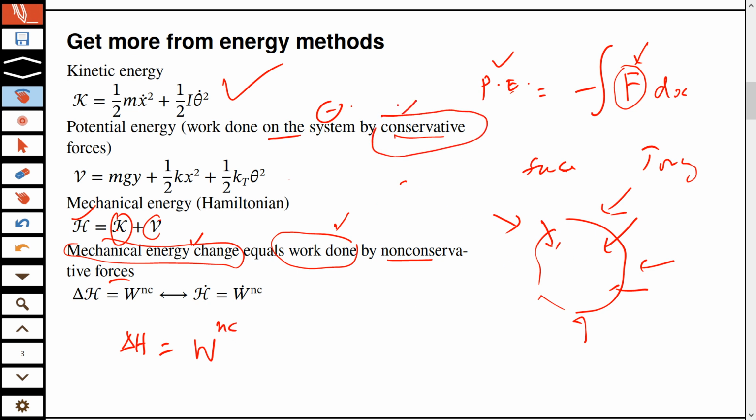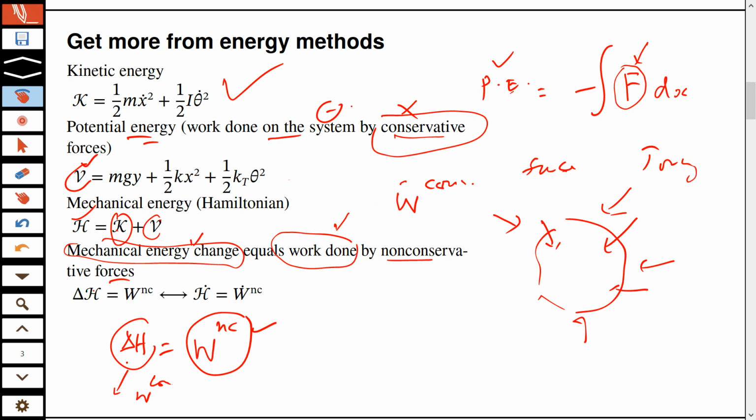We will exclude conservative. Why? Because the work done by conservative forces or torques is already included in V. This is the definition. So you cannot add it twice, because H has K plus V. So delta H will include the work done by conservative forces. So here you only need to include the work done by non-conservative forces.